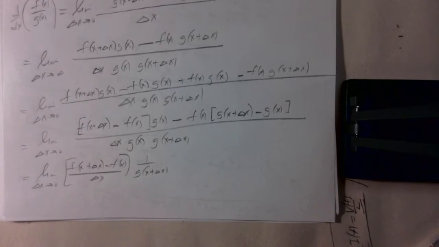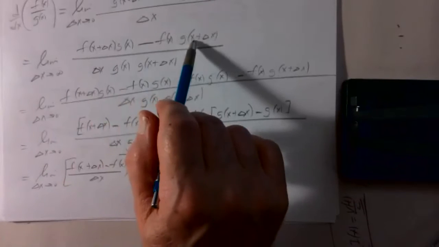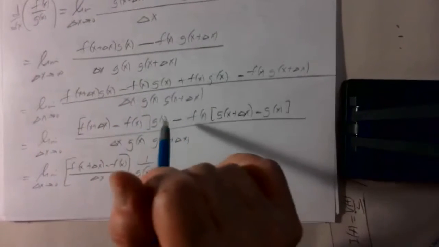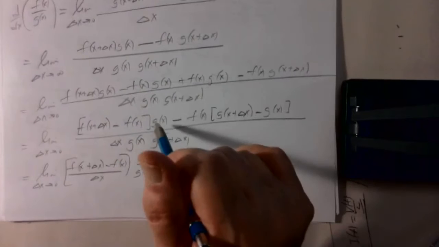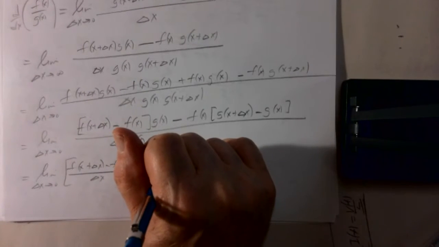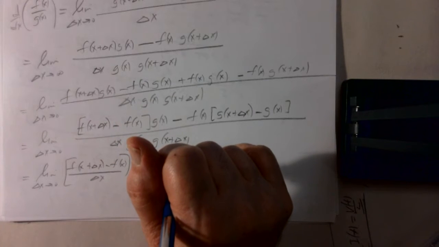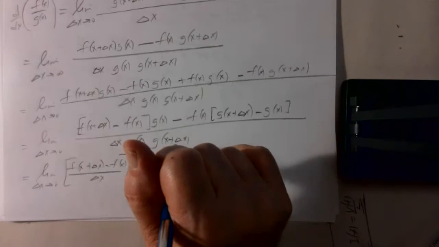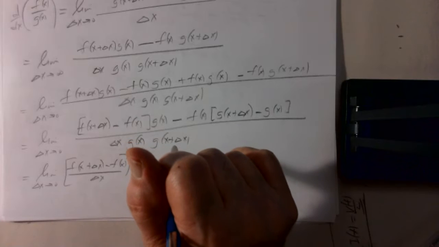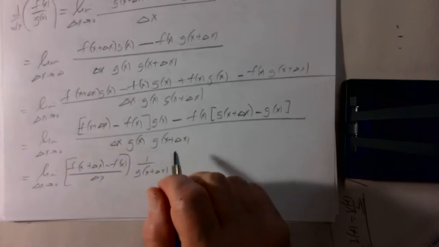Something doesn't look right here, so let me just double check what we've done. This minus this, so it's this times this minus this times this over this. And if I add and subtract this, I get this over this. I'm going to worry about this in a minute. Something doesn't look quite right.